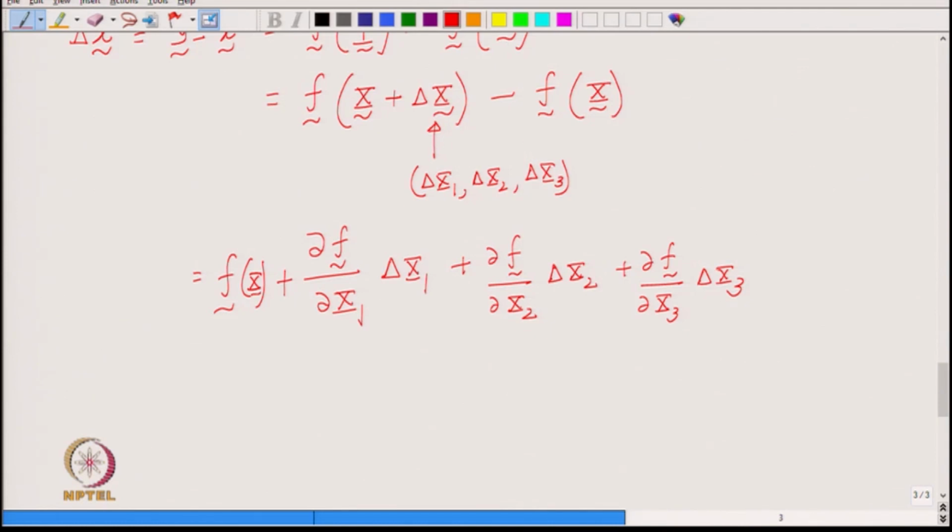So, that is the Taylor's expansion, plus we also have the extra terms, is not it, and then we have to subtract minus f of big X. Okay. So, this whole thing here is basically the Taylor's expansion.